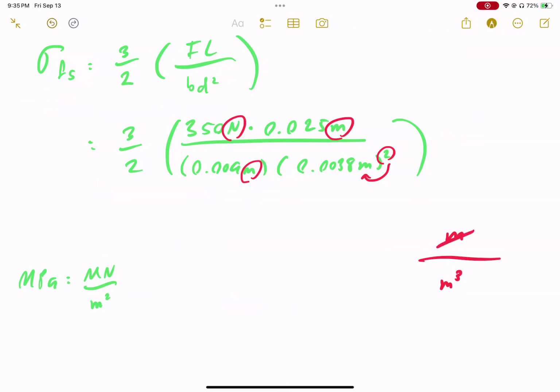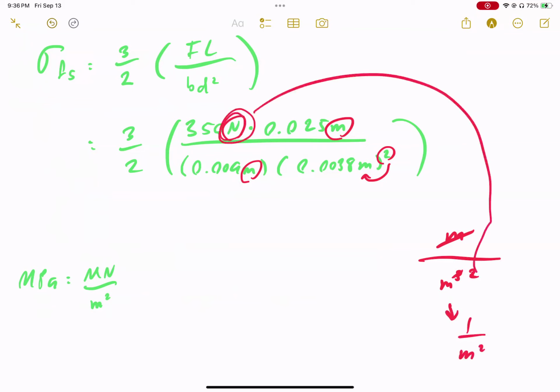So the meters cancel out. This 3 becomes a 2. So now I'm left with 1 over meters squared. And remember, because of this numerator over here, I really have newtons over meters squared, which is what I want. Now you might be saying it's not the same as meganewtons. Well, that's just another conversion factor, a scalar of multiplying that newtons over meters squared by some factor of 10. So really it should work for us.